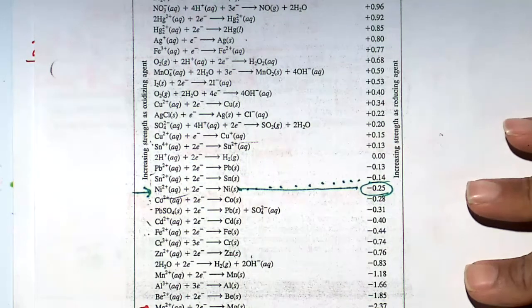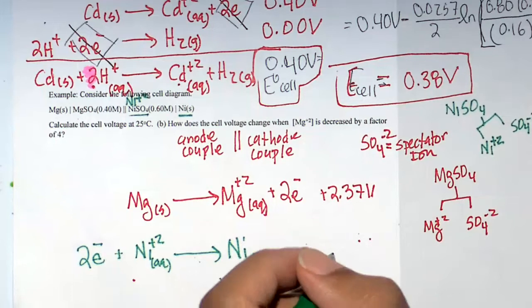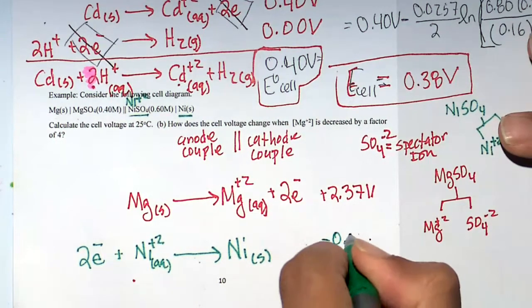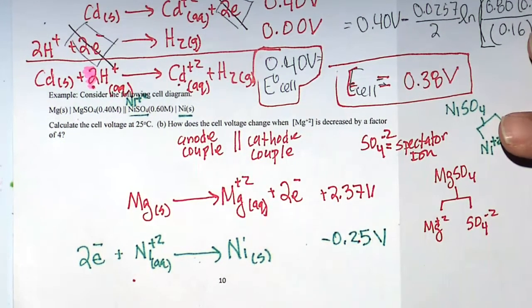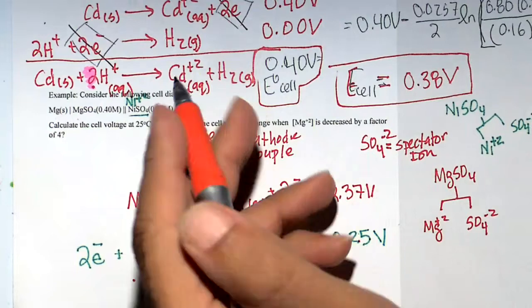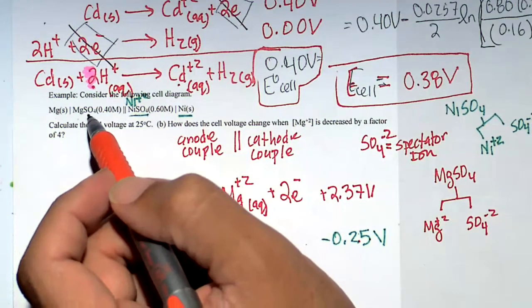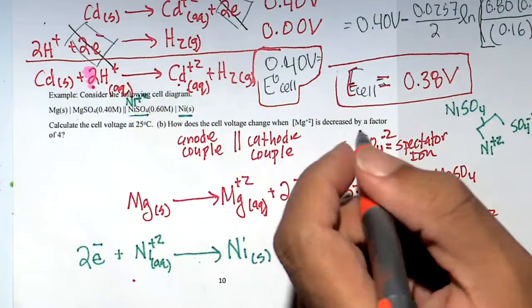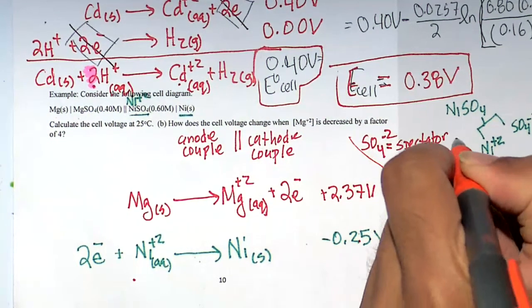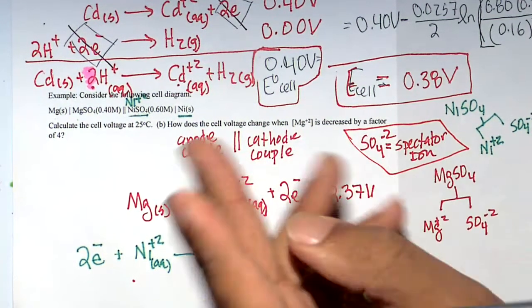We'll leave it as is. So anode couple, cathode couple. Realize that nickel sulfate is nothing more than nickel plus 2. Magnesium sulfate is nothing more than magnesium plus 2. The SO4 is a spectator ion. It's just there.